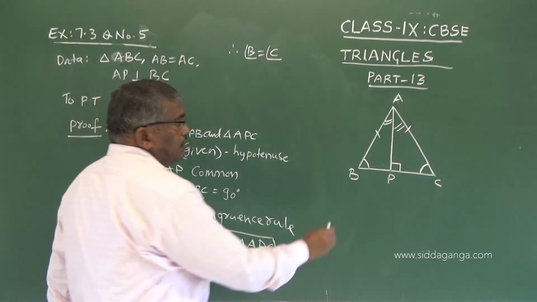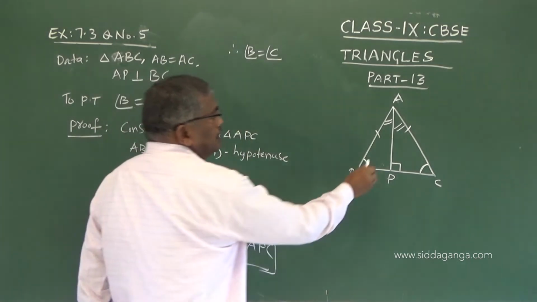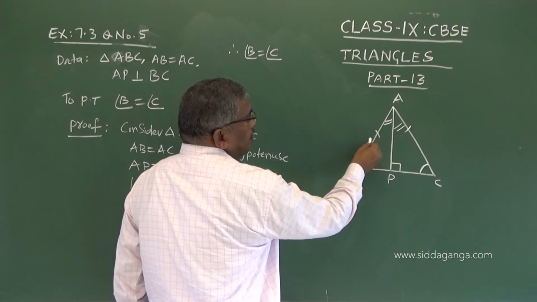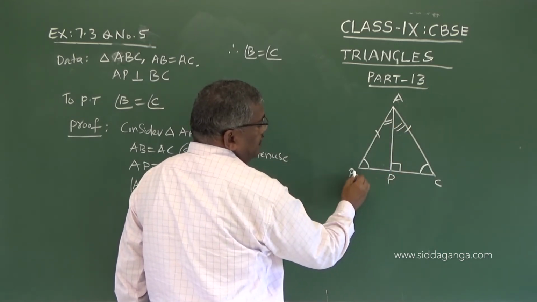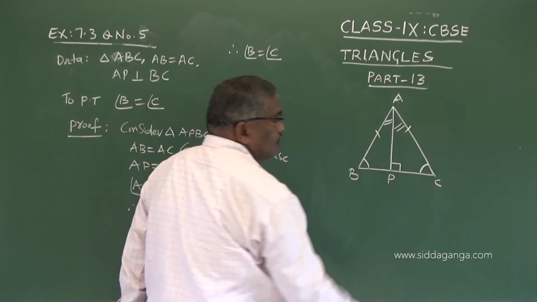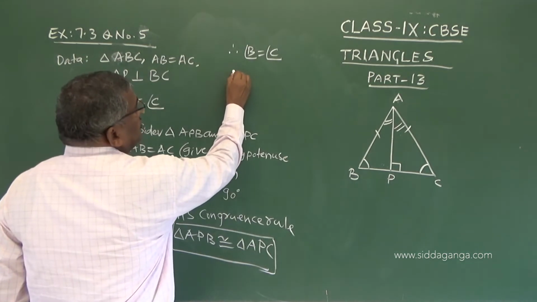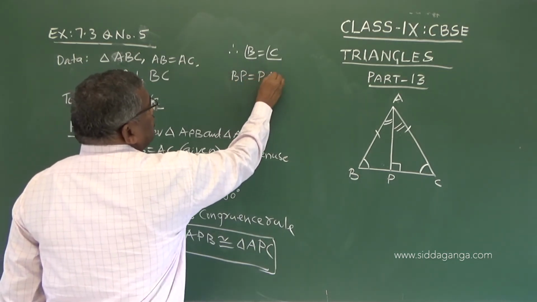Also we can prove that BP is equal to PC. AB equals AC, and AP is common to both triangles. When the triangles are congruent, the third side BP is equal to PC. It is not asked, even then you can remember BP is equal to PC.